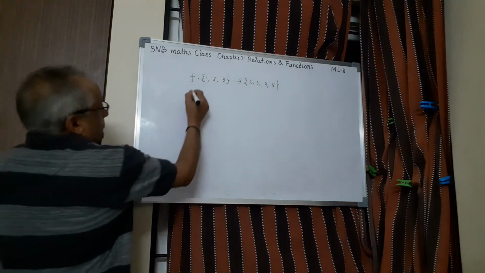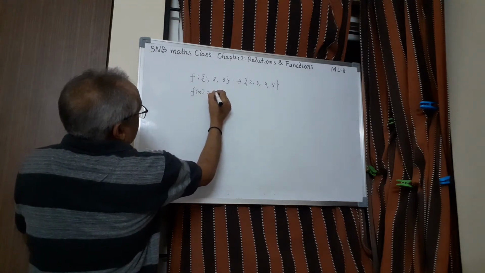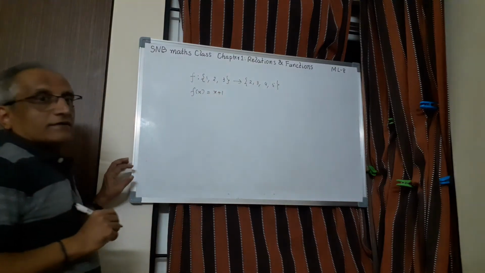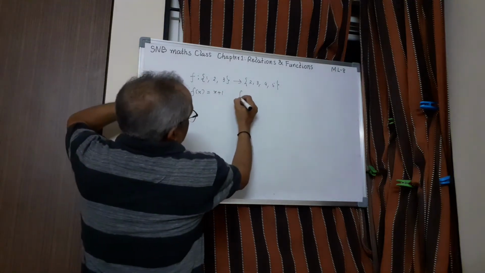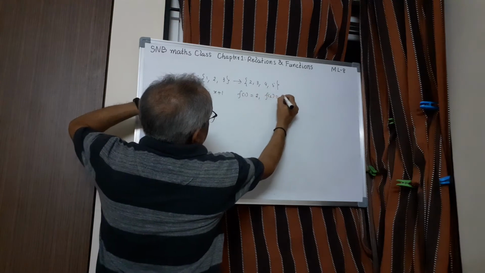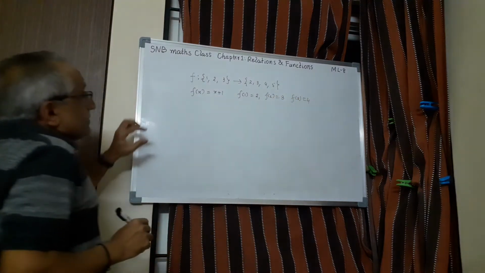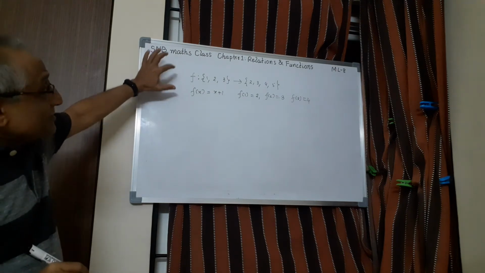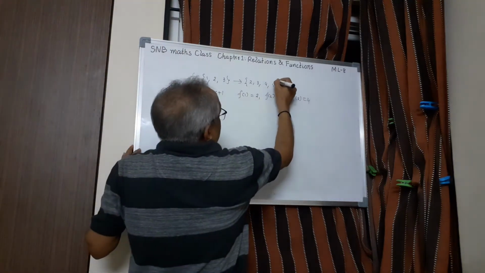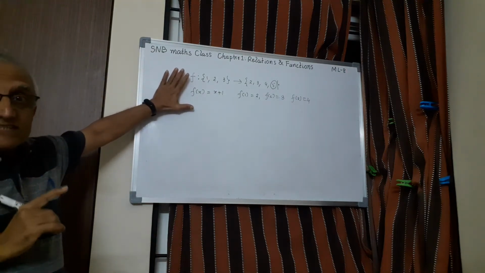Suppose you define f of x equal to x plus 1, then definitely f of 1 is 2, f of 2 is 3, f of 3 is 4. So it is 1 1, but it is not onto because of this 5. So the given function is not bijective.